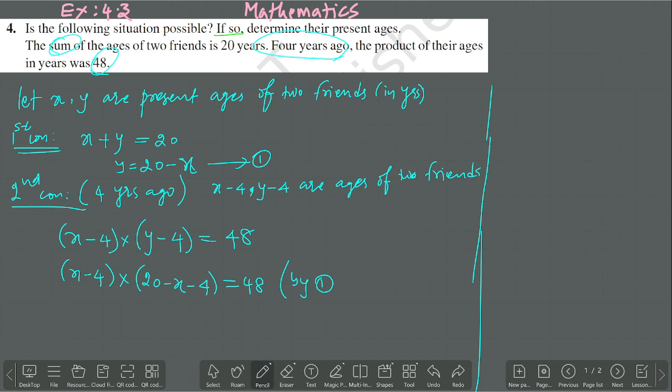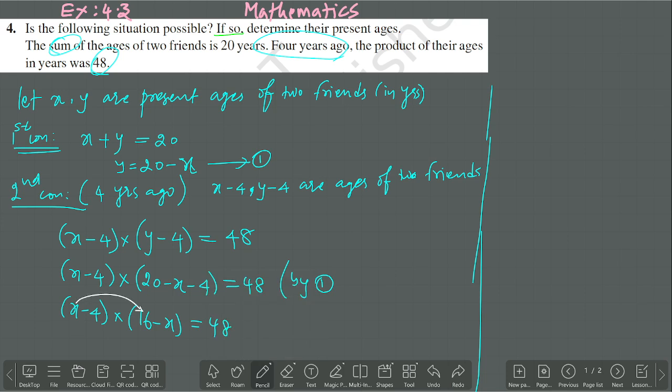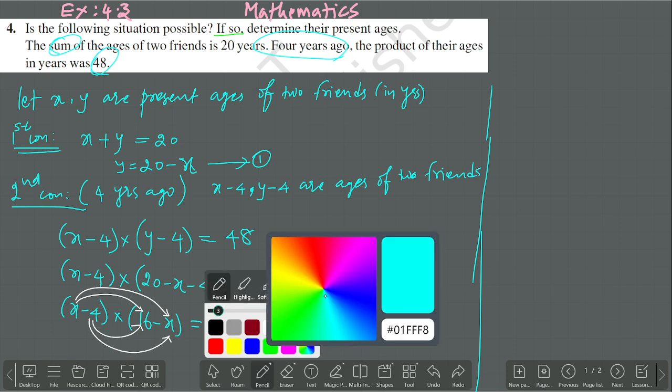Now (x minus 4) into (20 minus 4 minus x), that is 16 minus x, which is equal to 48. Now we have to multiply. x into 16 and x into minus x, minus 4 into 16, minus 4 into minus x.